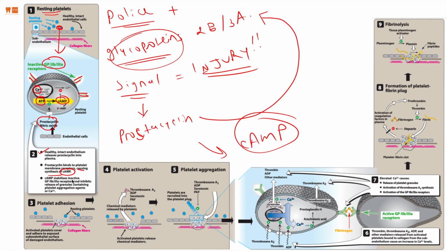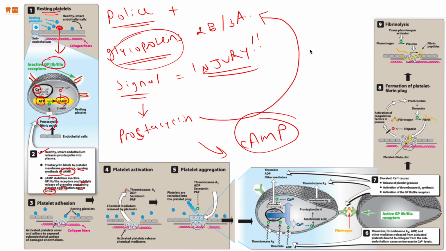They stabilize the inactive GP receptors and inhibit the release of granules containing platelet aggregation agents or calcium. So what does that mean? Basically, whenever the cAMPs activate the glycoproteins, they end up inhibiting the release of granules that contain platelet aggregation agents or calcium. Very, very important.